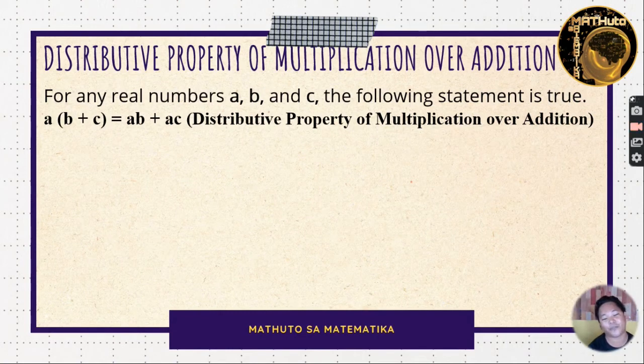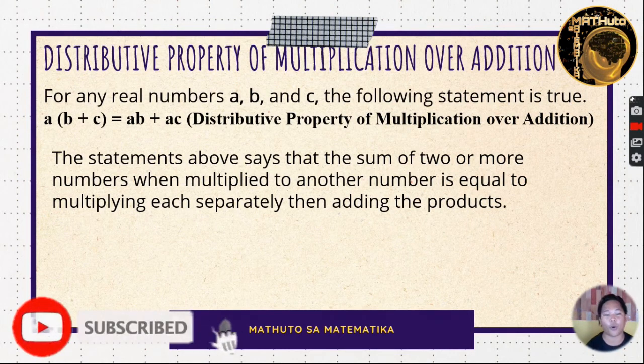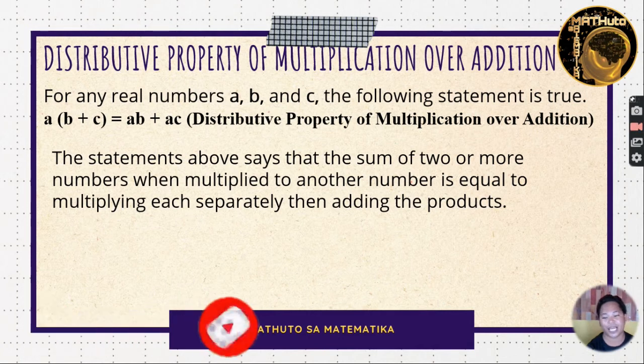So, this is the distributive property of multiplication over addition. The statement above says that the sum of two or more numbers, when multiplied to another number, is equal to multiplying each separately, then adding the products.